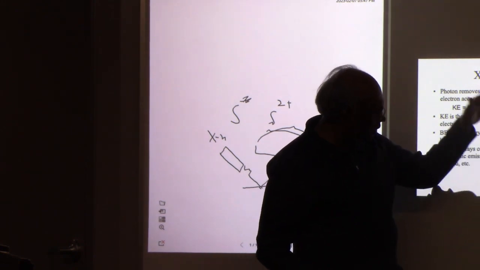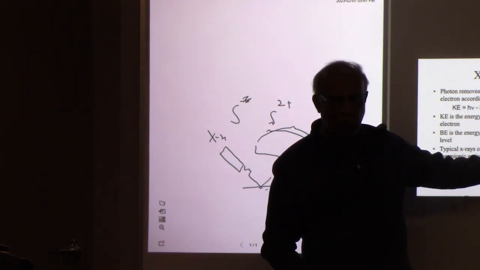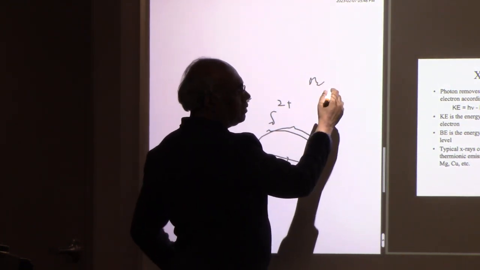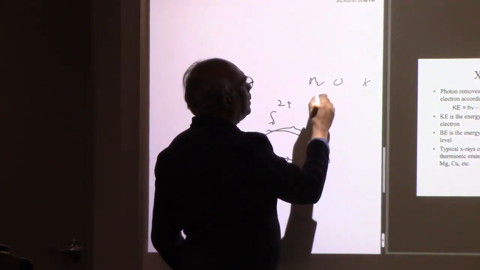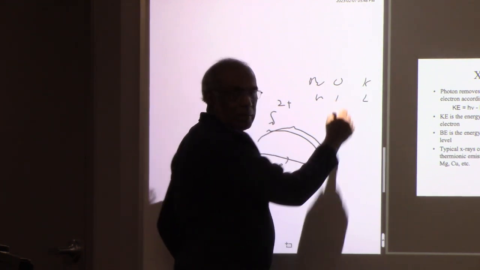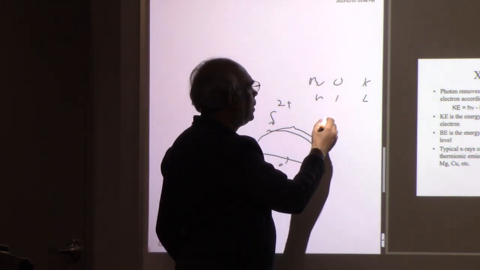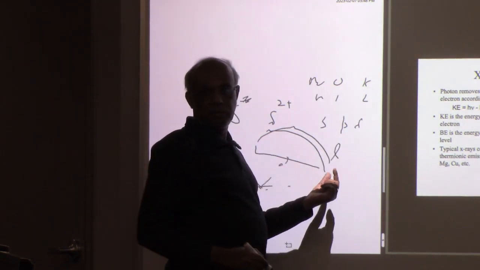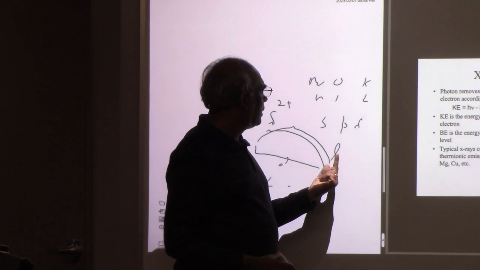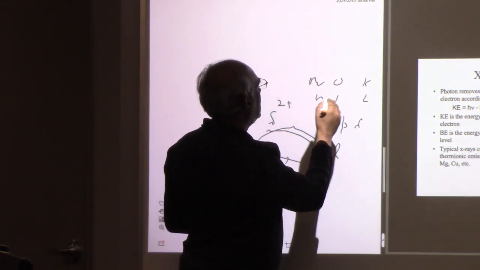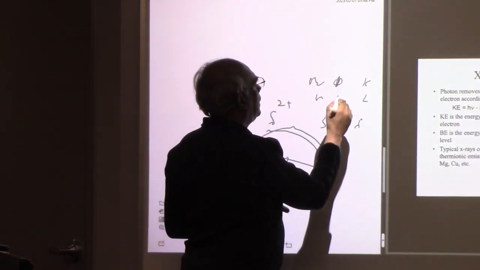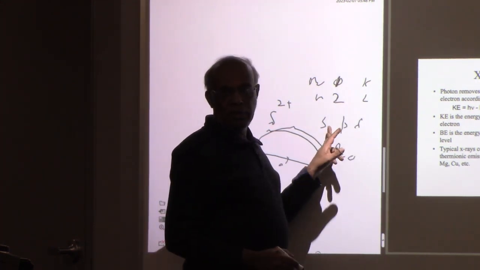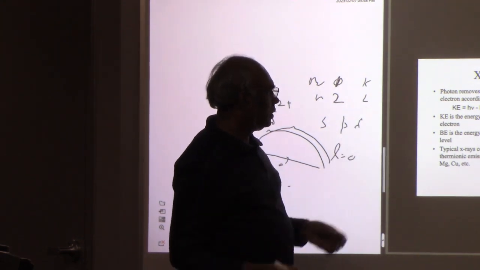These are the principal quantum numbers, N. N equals 1 is K, and so on: K, L, M. Then you have s, p, d, f, which depends on l, the second quantum number. So l equals 0 is s, l equals 1 is p, like that. So you know these things.